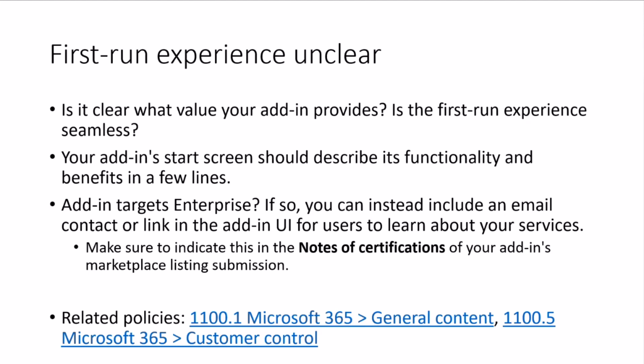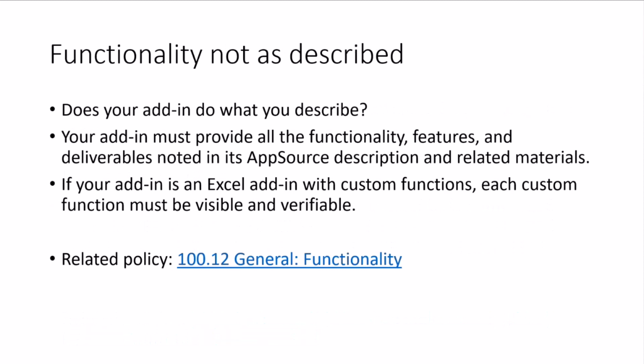Next up, functionality is not as described. So the things you said your add-in does, it should do that. And so we want to make sure that all the things that you explain about the add-in, the functionality, its features, all the lovely benefits and things that it will do for the customer, it does all those things. So anything that's connected to the add-in, you say the add-in does these things, it should definitely do them.